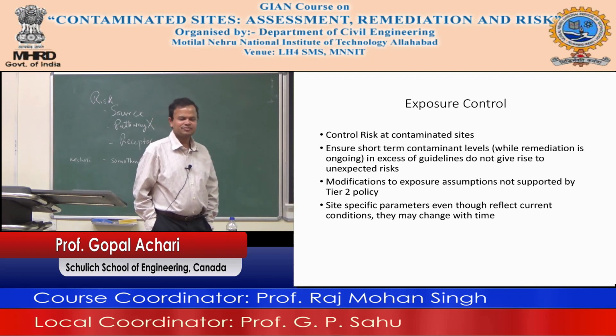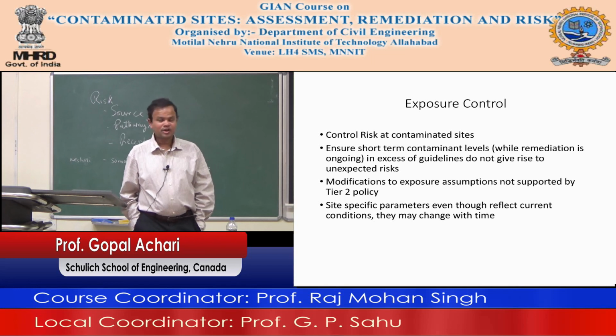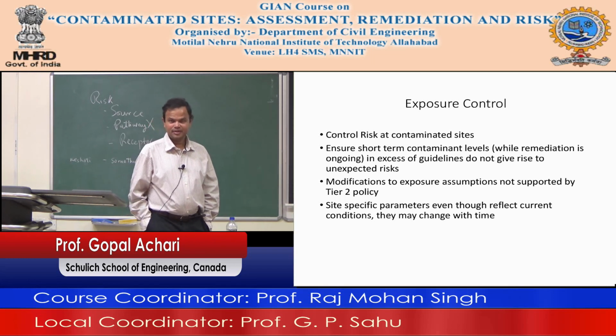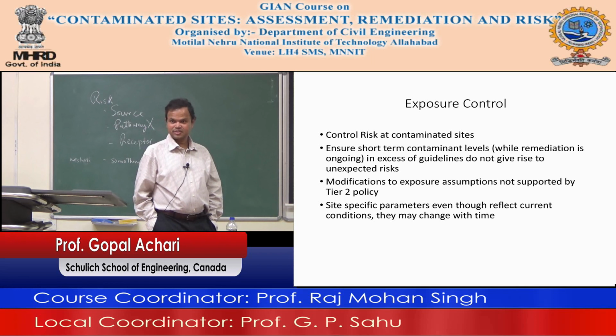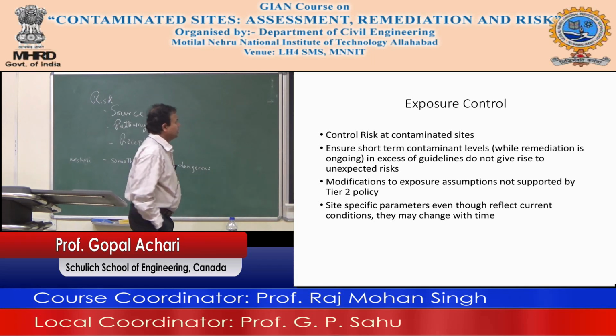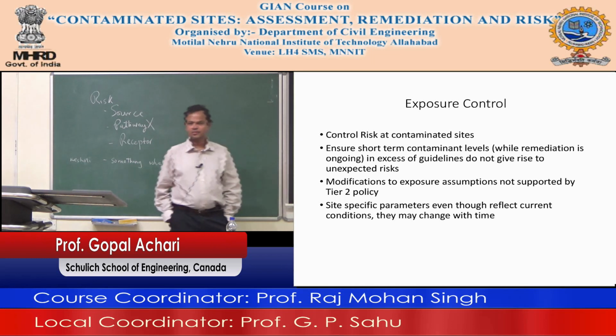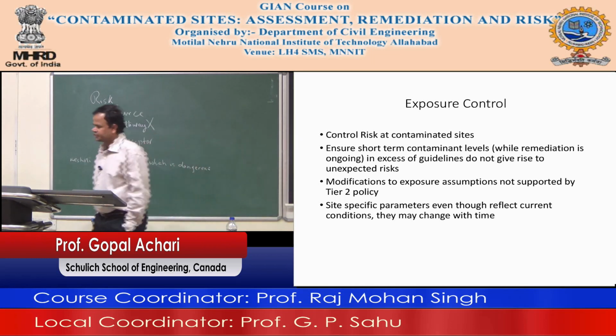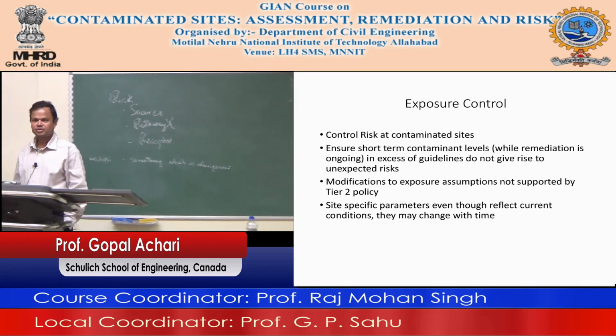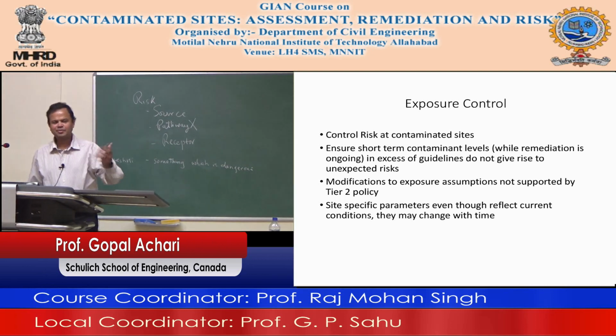Can we classify it as an industrial site? That way, you will not have any kids coming on that site. Groundwater reuse restriction. We talked about that farmer where you supply an alternate source of water. Building placement restrictions. Those are the administrative controls.